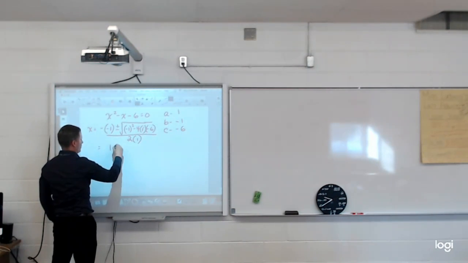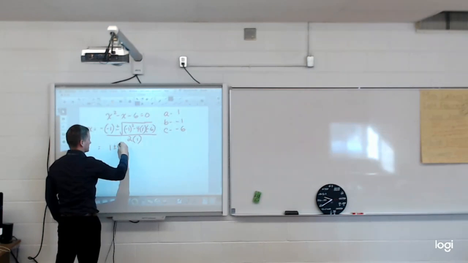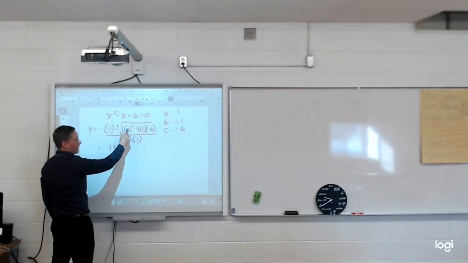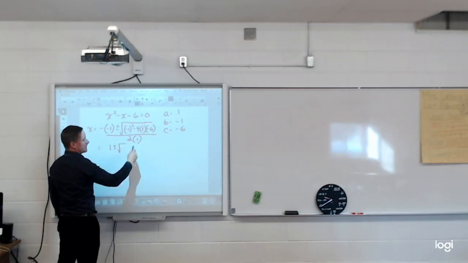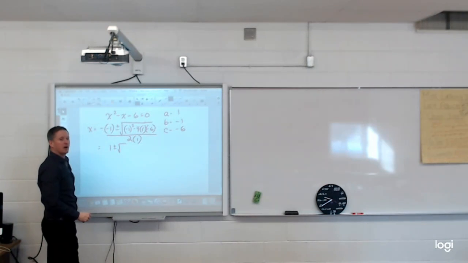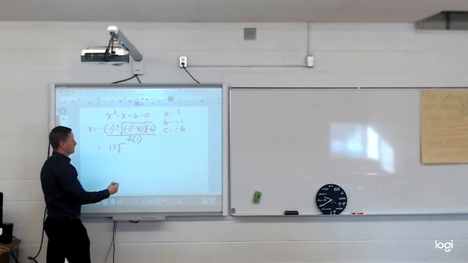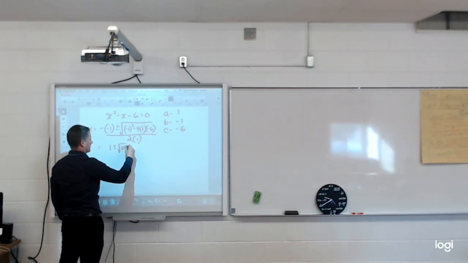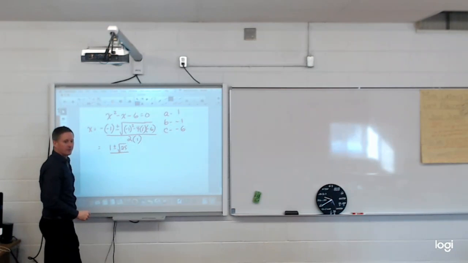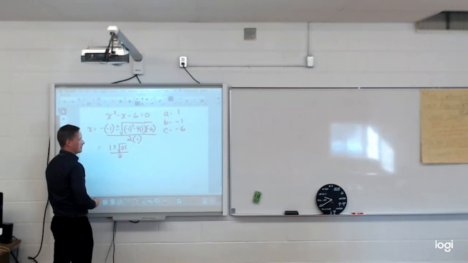All right. Negative -1 is just 1. So I've got 1 plus minus the square root of 1 minus 4 times -6. So that's 1 plus 24, which is 25, over 2.